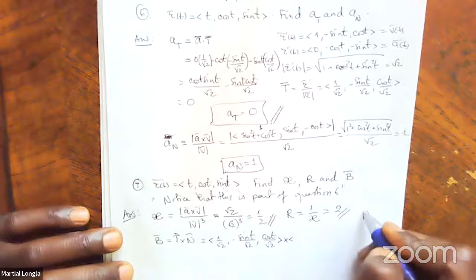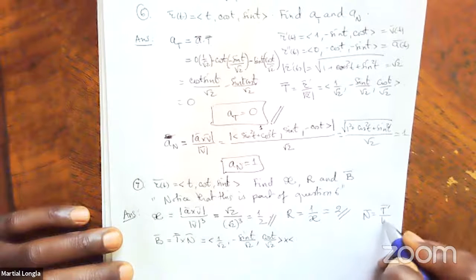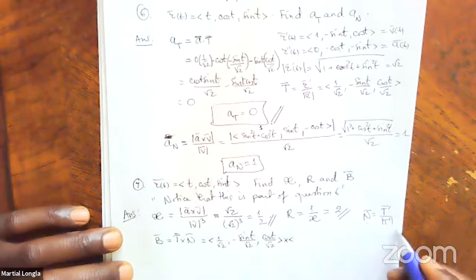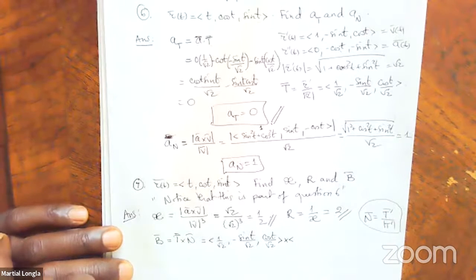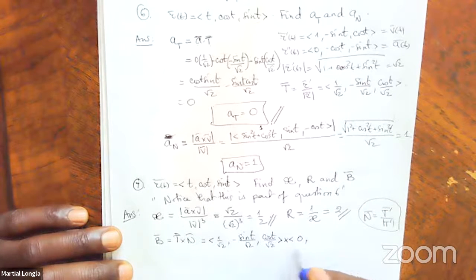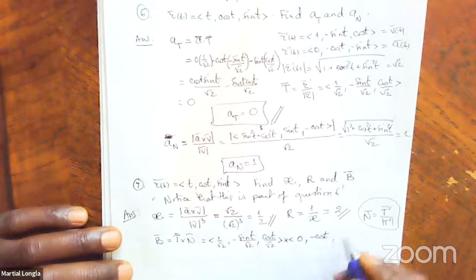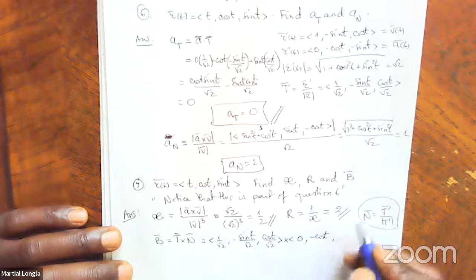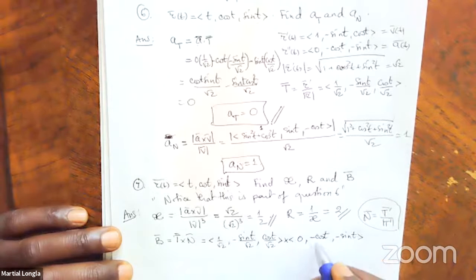And N, we know N is T prime over the magnitude of T prime. Here it's simple. We can do that very simple. This is T. T prime will be 0. Negative sine t, derivative is negative cosine t. Cosine t, derivative is negative sine t. And that was over root 2.